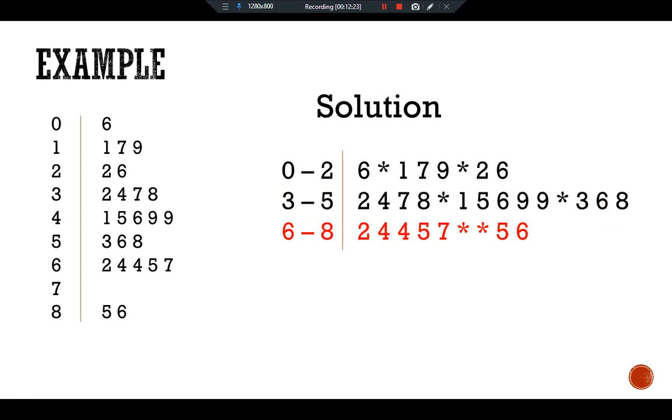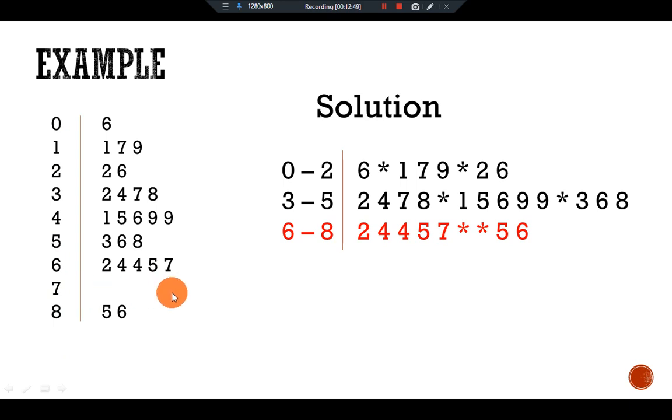If a stem does not contain a leaf, like here we have a 7, we see that 7 does not contain a leaf, but we have to put it to keep the increasing order of our stems, so that's why we put 7 here, but 7 does not take any leaf.